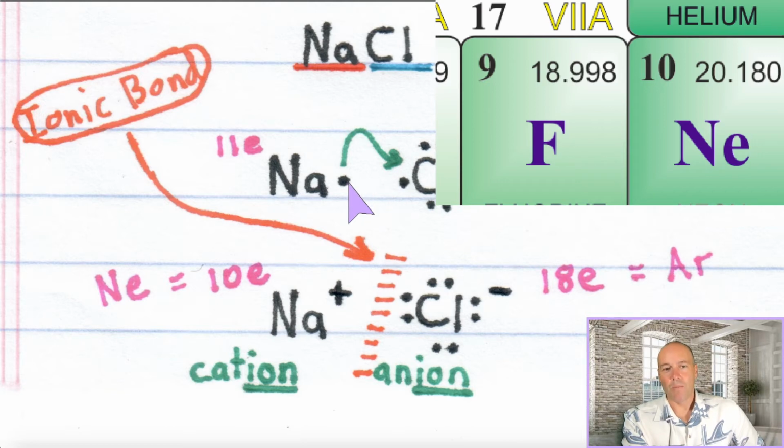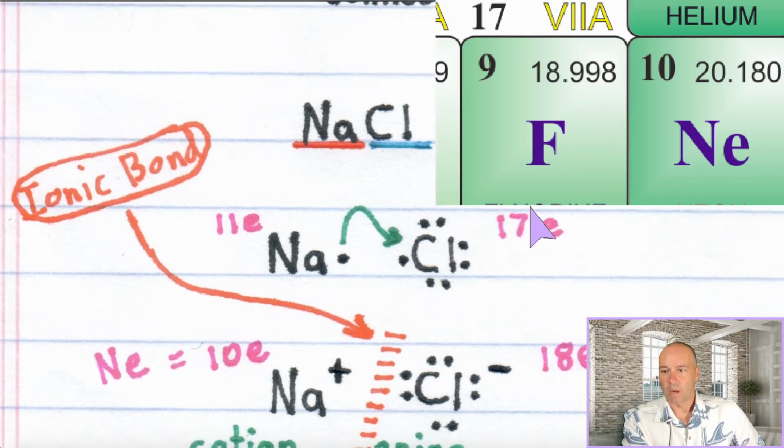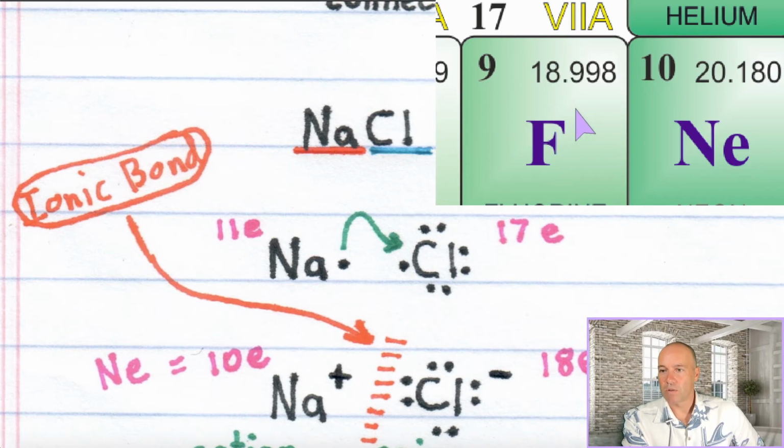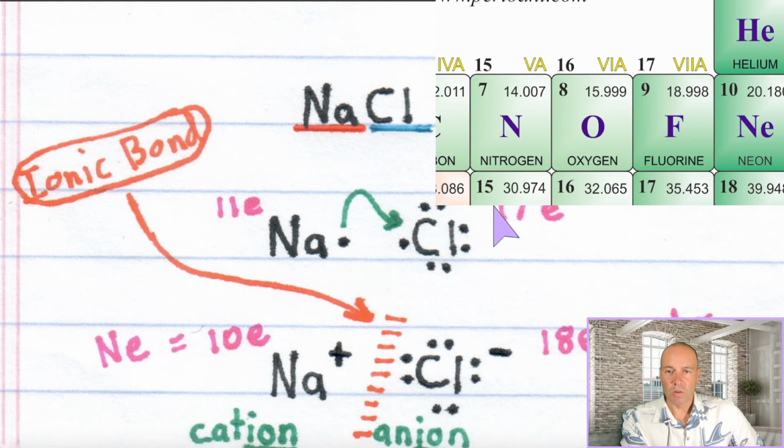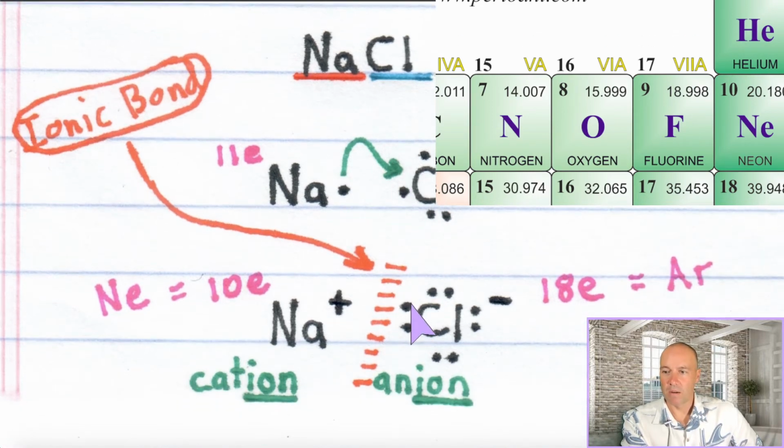Okay, now when chlorine gains sodium's electron, it went from 17 electrons to 18. So chlorine atoms start with 17 electrons, 7 of them are valence, but after it gains sodium's, you can write it right there.